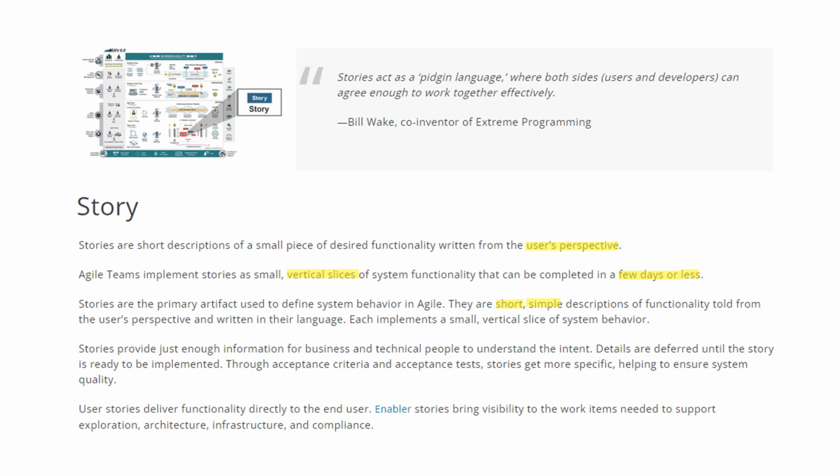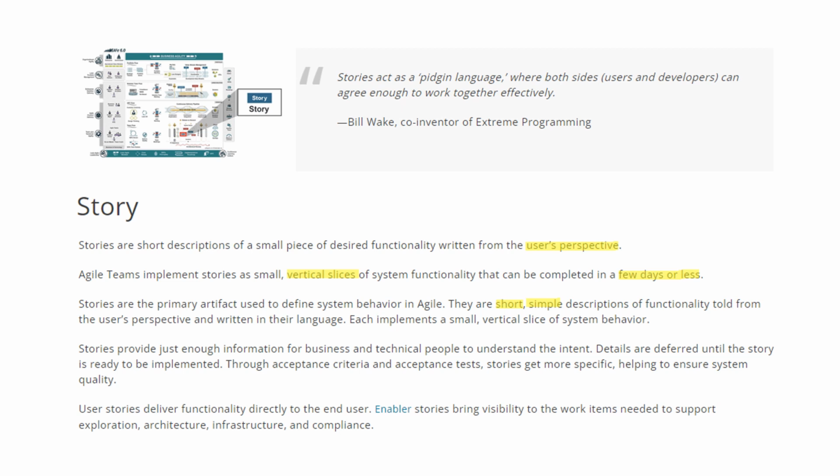Stories are the primary artifact used to define system behavior in Agile. They are short, simple descriptions of functionality told from the user's perspective and written in their language. Each implements a small vertical slice of system behavior.